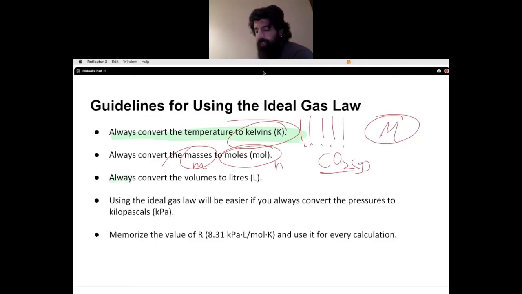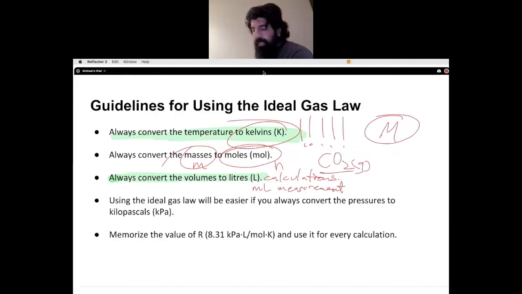Next thing, make sure volumes are always in liters. Understand that typically I give units in milliliters, but that's because that is measurable. Milliliters is for measurement, and liters is for calculations.